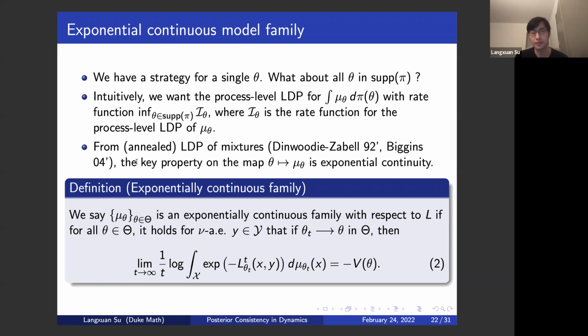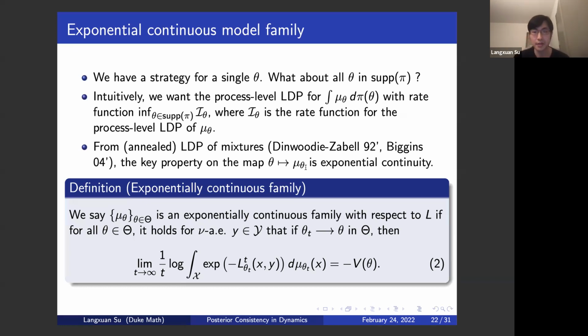And to show that, one property to verify is some kind of continuity. So it's like you want to show that some minimization over some sets, and then what you want is actually some kind of continuity of the map. So the key property is that the map theta to mu theta is actually exponentially continuous.